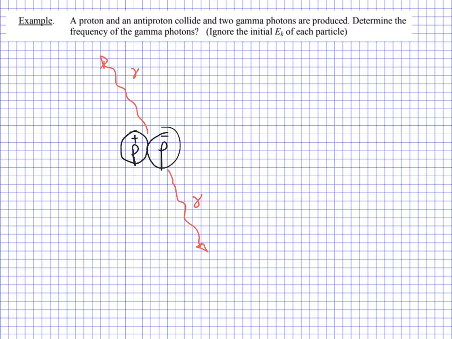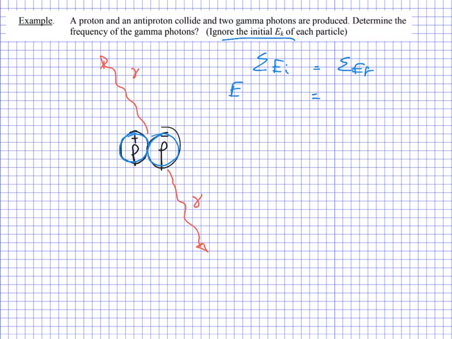Well, we're going to talk about energies. So we're going to talk about the sum of energy initial being the same as the sum of the energy final. And of course, this is convenient because we don't have any kinetic. So the only energy in this proton and in this antiproton is coming from its mass. So I'm going to make a statement here.